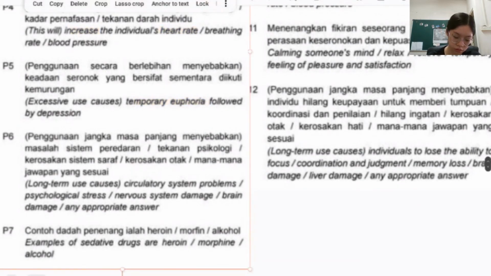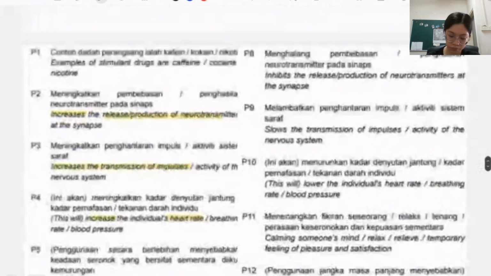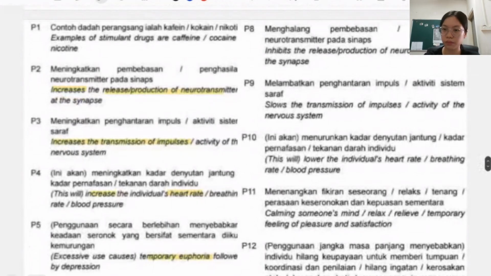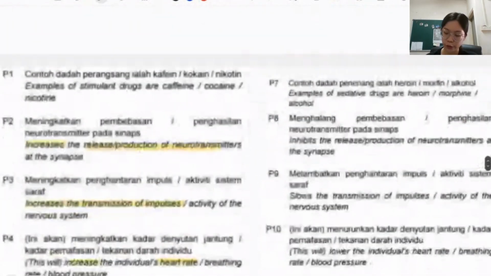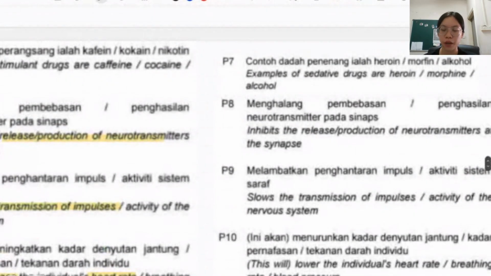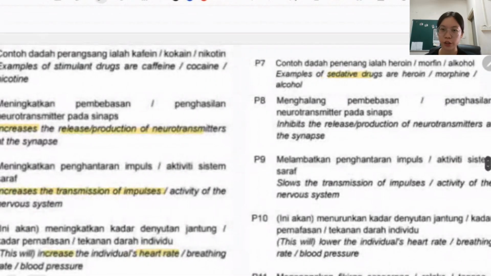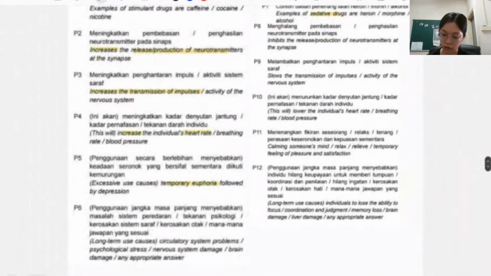And what about the depressant? The example of depressant, I mean they should change it to depressant so it won't confuse students. So the examples of it are morphine and alcohol.